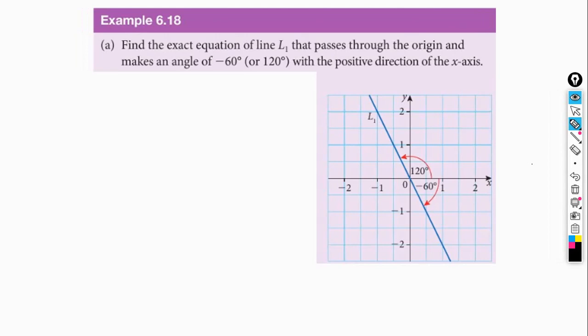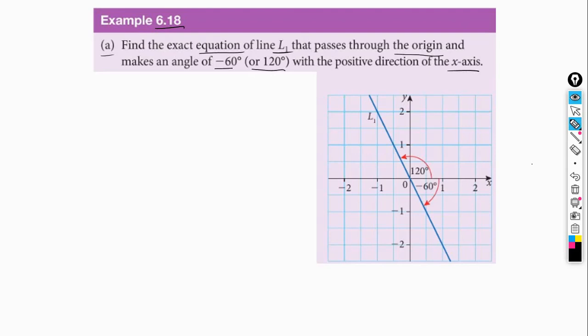So now let's take a look at example 6.18, and for part A, it says find the exact equation of line L1 that passes through the origin and makes an angle of minus 60 degrees or 120 degrees with the positive direction of the x-axis.